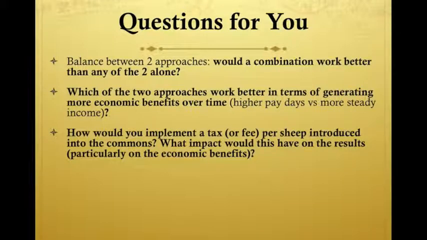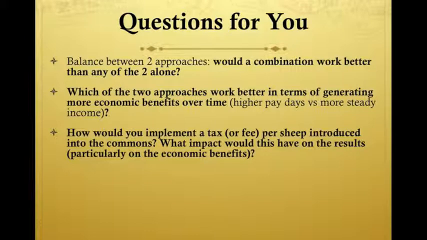What would this do to the results, and how can you implement this into the rationale? Because now the villagers are thinking, in addition to being short-sighted or conscientious, now I have to be cost aware, so that's another criterion.